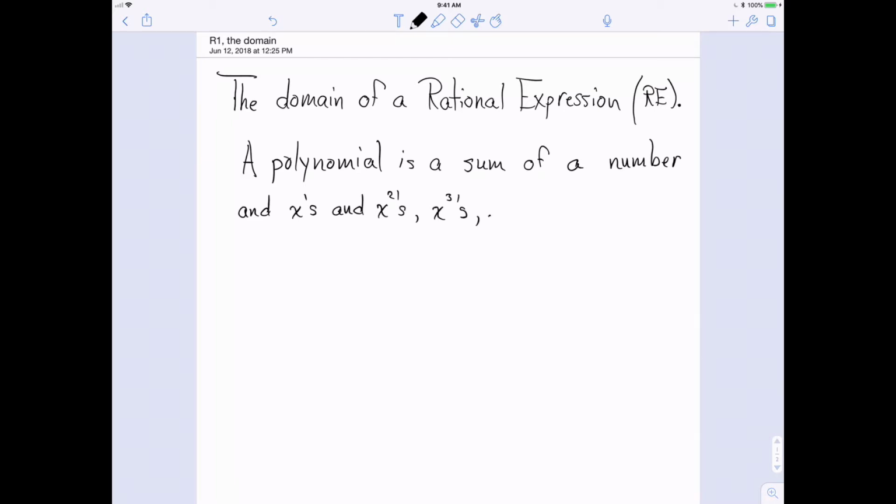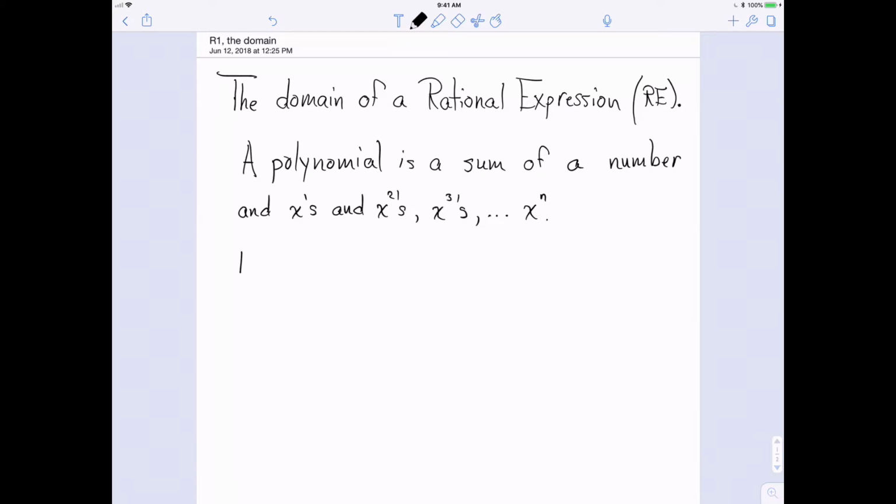You can have as many as you want. We call it x to some counting number, x^n. Okay, so that's what a polynomial is, and we've actually been factoring quadratics, which are polynomials with x squared, an x, and a number.